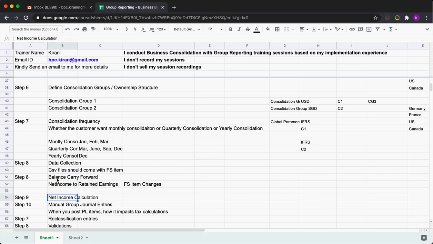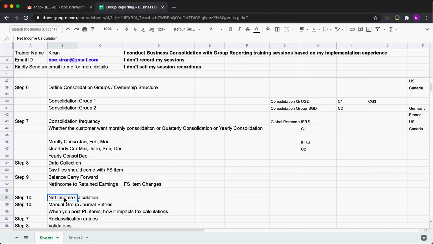Balance carry forward, then net income calculation. So step 9. When the system calculates the net income, remember the net income hits your P&L. The system calculates the net income based on your expenses and income, and it updates the net income P&L account and the net income balance sheet account.